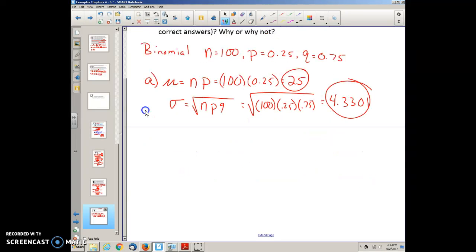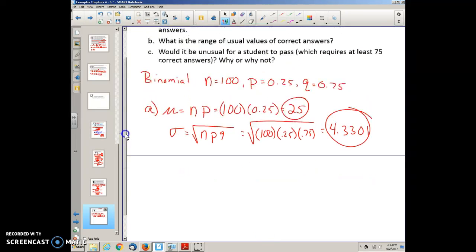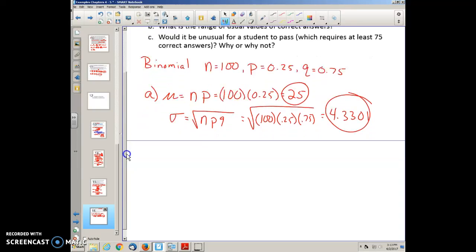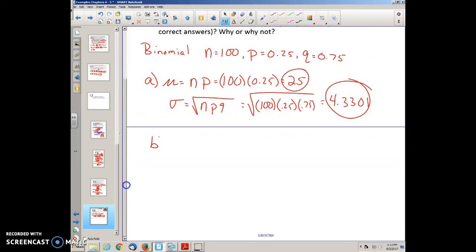That allows us to find the range of usual values. So for B, the range, we're first going to find the minimum usual value. That's found by doing mu minus 2 sigma. So basically it just means 2 standard deviations below average.